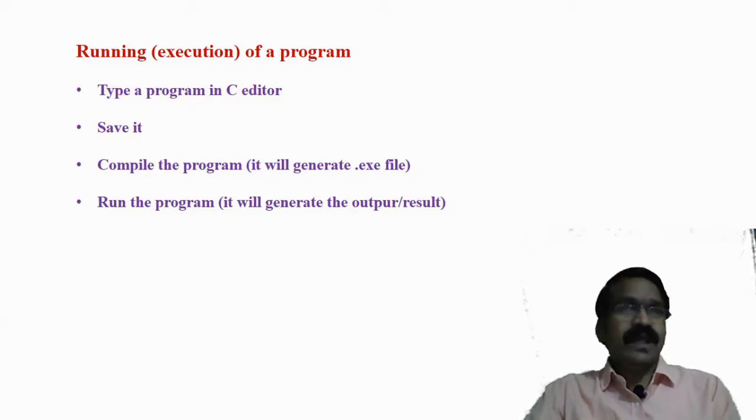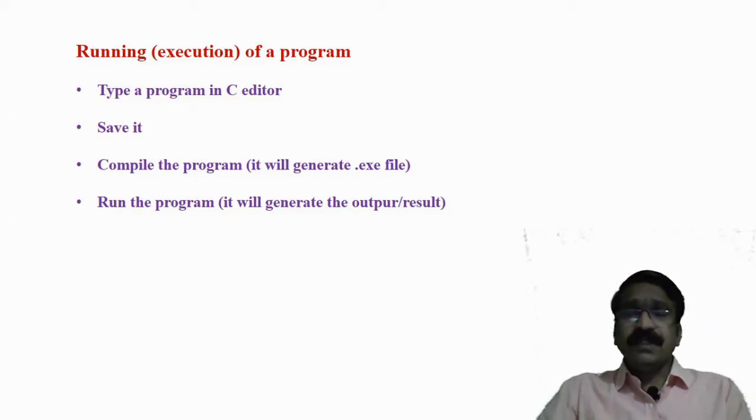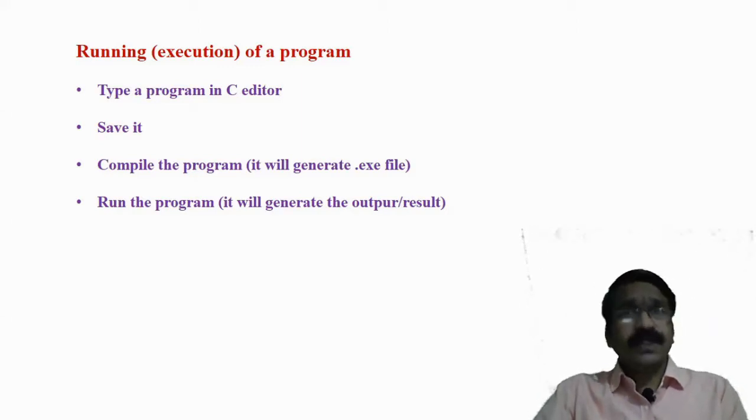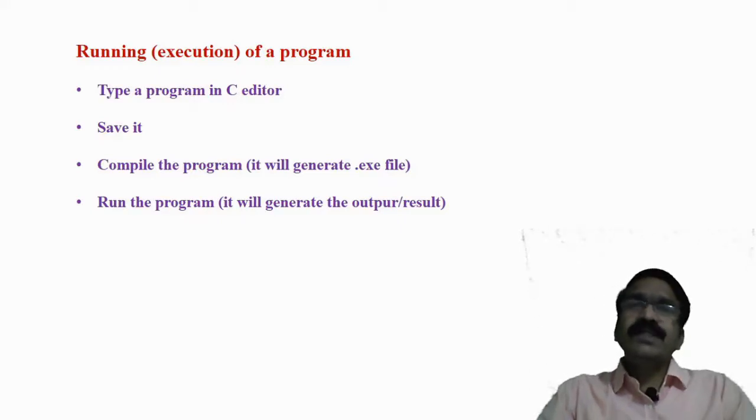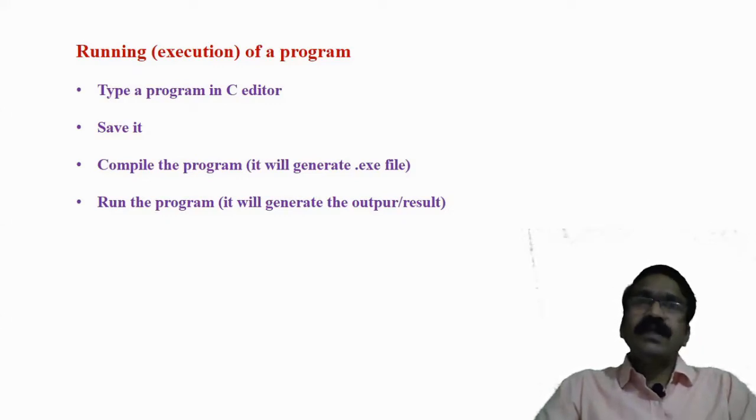There is a C editor, Turbo C or Borland C, that we use to type the program. Using the typed program in the C editor, save it with your file name and the extension .c. That is the source file.